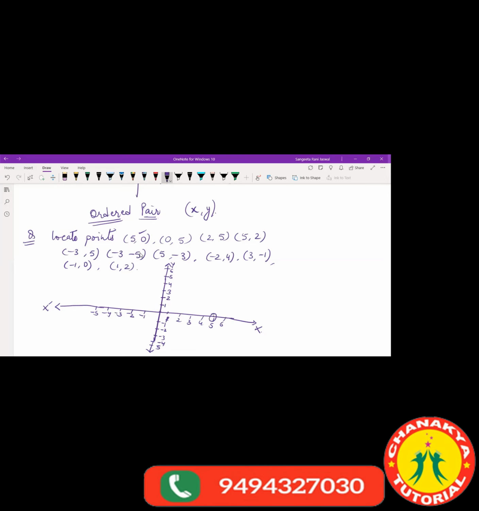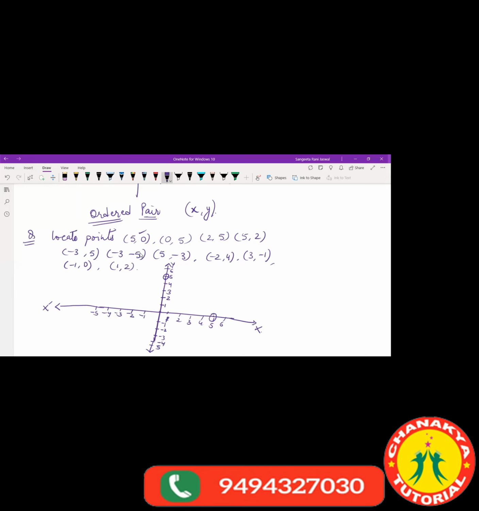Same way you have 0, 5. Those who have not understood can see as I'm doing. Those who have understood can do it on their own. 0, 5 is, here your x is 0 and y is 5. So where is x 0? On the y-axis, and y is 5 here. So this is a point, right?